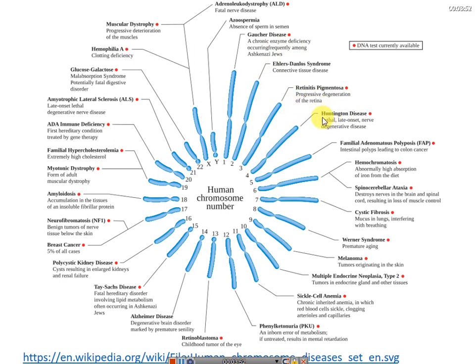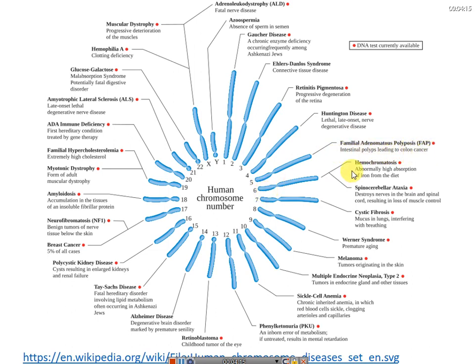And then with chromosome number 4, Huntington's disease is related, which is a lethal, late onset nerve degenerative disease. With the fifth chromosome, familial adenomatous polyposis is related, where intestinal polyps develop, leading to colon cancer.